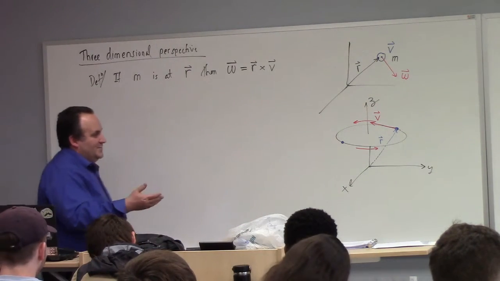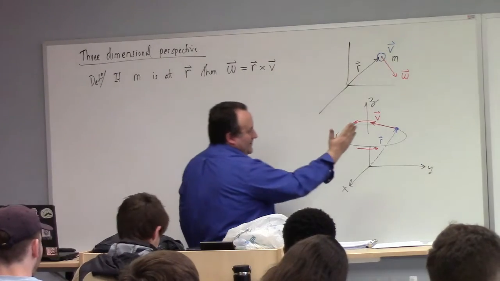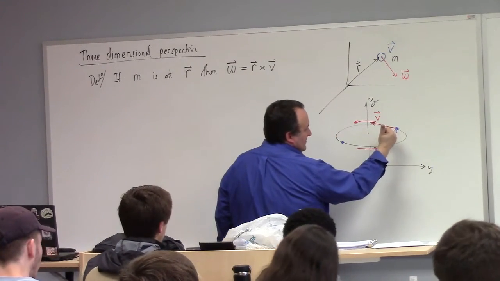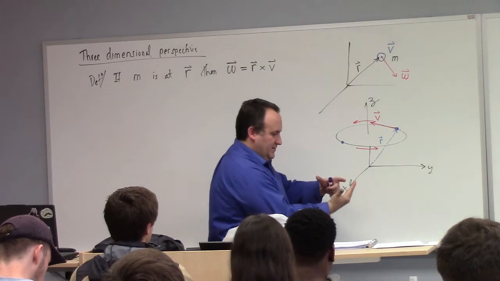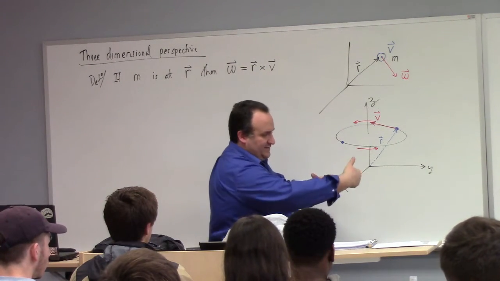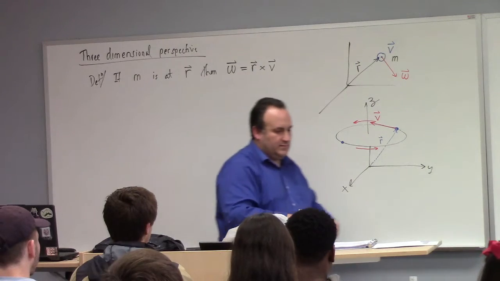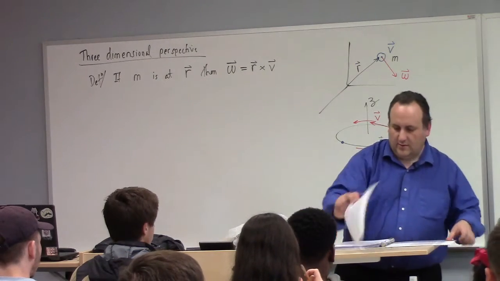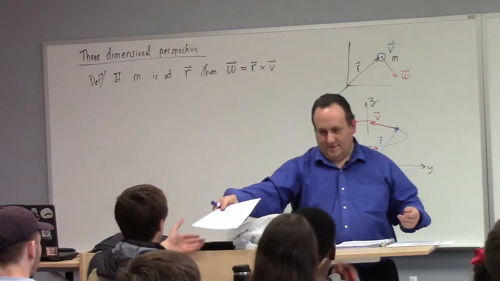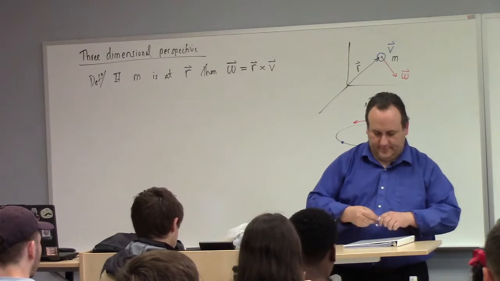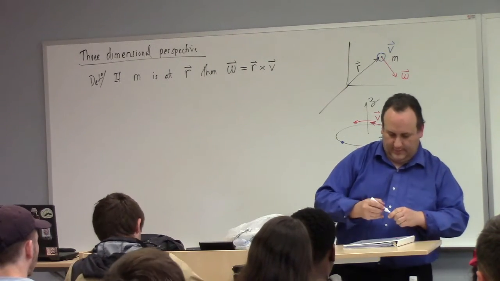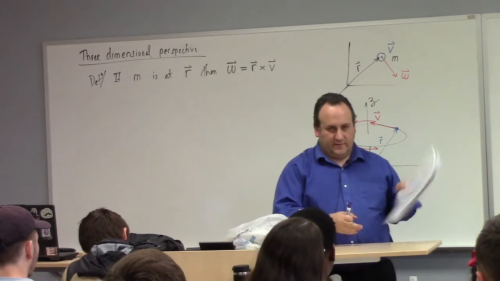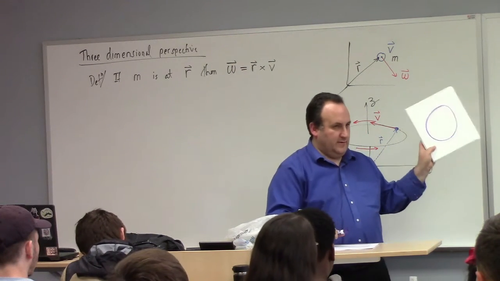So R crossed into V. Oh man, I need a ring. So R, a ring. R crossed into V. Right?